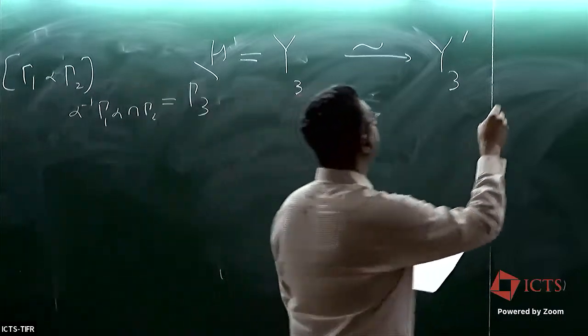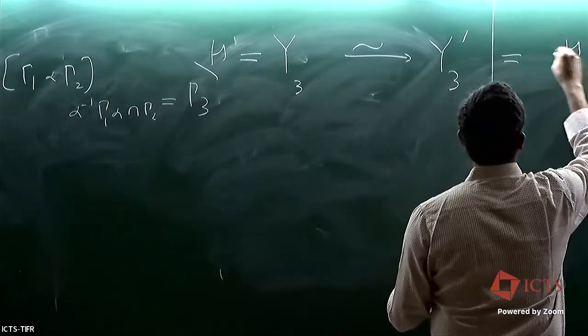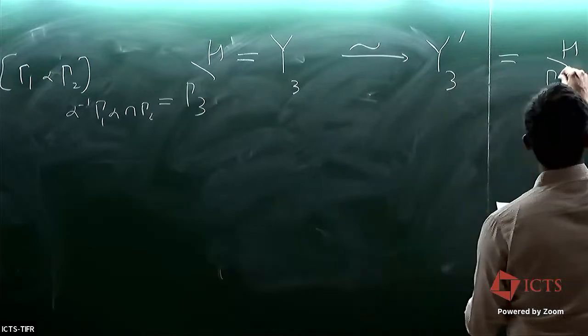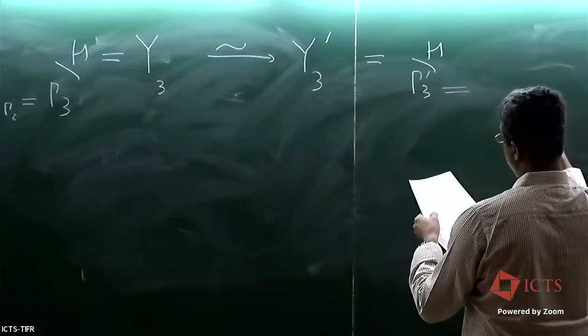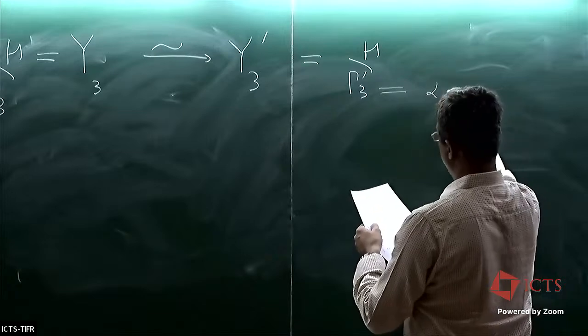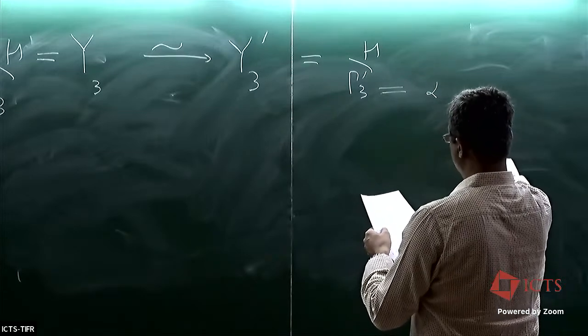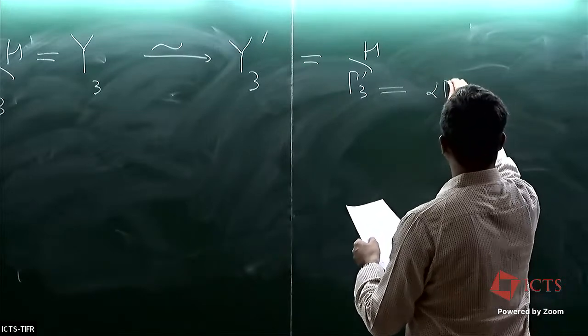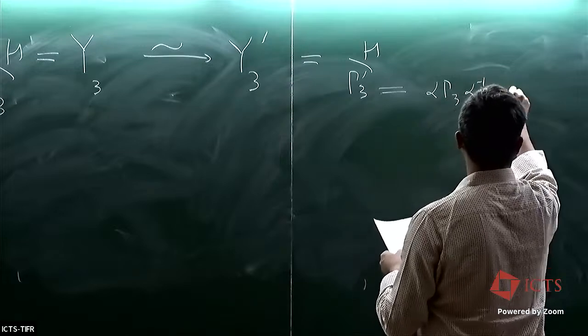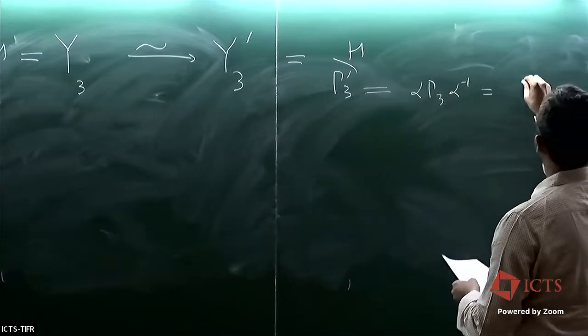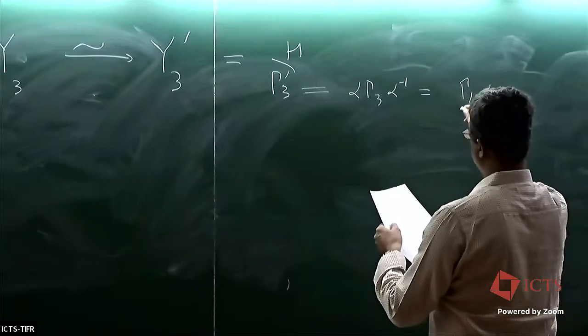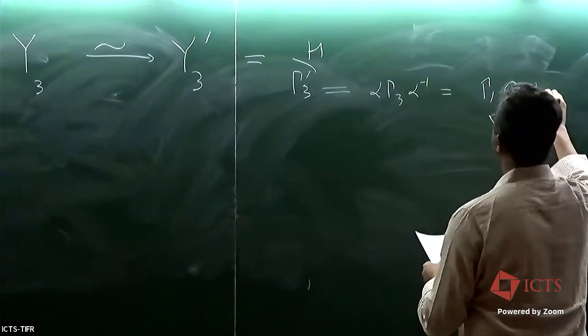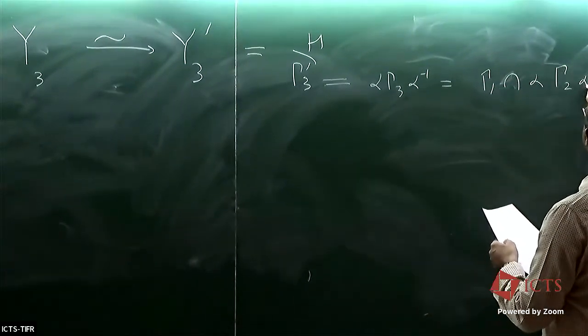And Y3 prime, let's define this as H mod gamma 3 prime, where gamma 3 prime is the conjugate, alpha gamma 3 alpha inverse, which is also gamma 1 intersected with alpha gamma 2 alpha inverse.